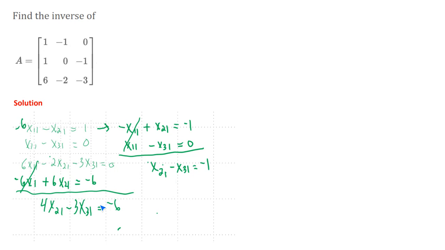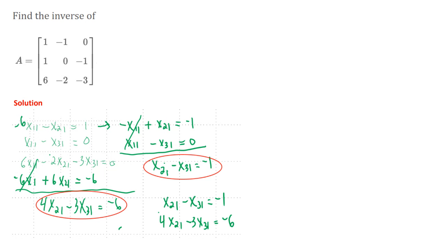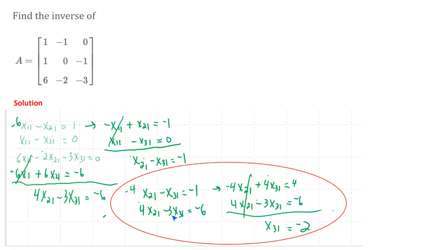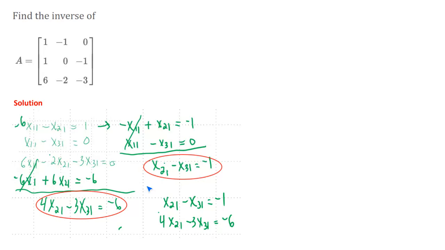So now you have two new equations, right? And this is like in chapter 7, when we had 3 equations, you end up with 2, and then you break it down. So now you look at these 2 equations, and you want to cancel one of the variables. I guess we're going to cancel the x21. Let me go back really quick. These 2 equations I circled are going to be my new system.